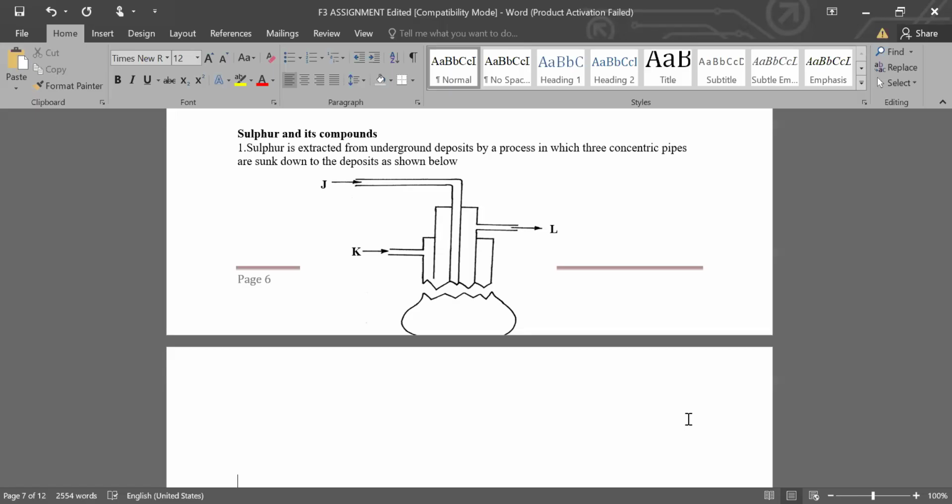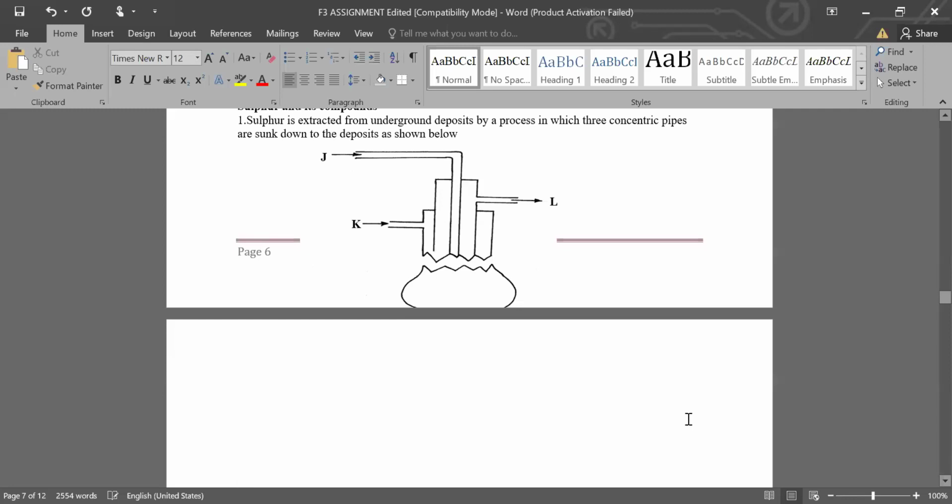This concentric pipes method is the most suitable one to extract sulfur because sulfur beds are normally located in very weak and sandy ground that is not very strong. So putting the concentric pipes is the most suitable method.